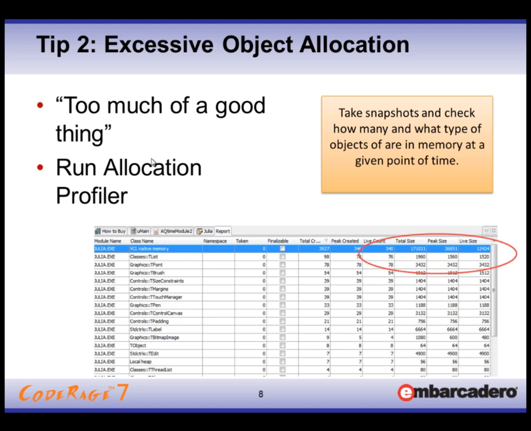In case of C++, you can have memory leaks, which is something that the tool will report at the end of the run. But you can also look at how many objects you have in memory, and how much memory they take as you run the application. So you could say that too much of a good thing, too much dynamic allocation may not be so great at a given point of time, and it can impact your performance.